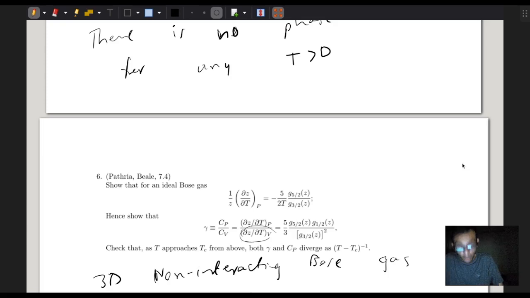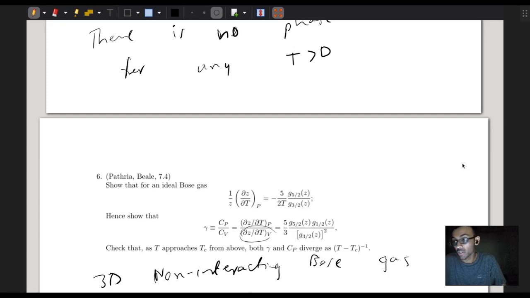These kinds of divergences in thermodynamic quantities, or in general any singularity in the thermodynamic quantities, are very important things which characterize the phase transition.